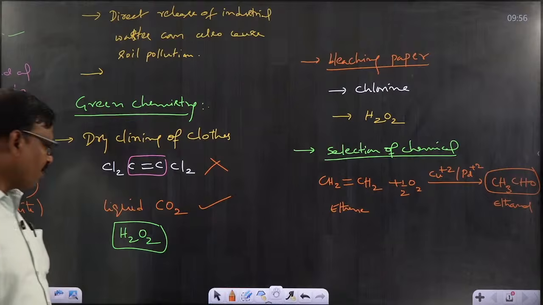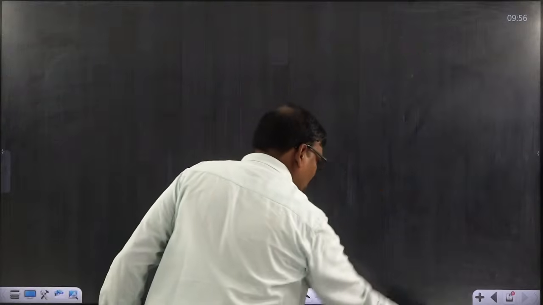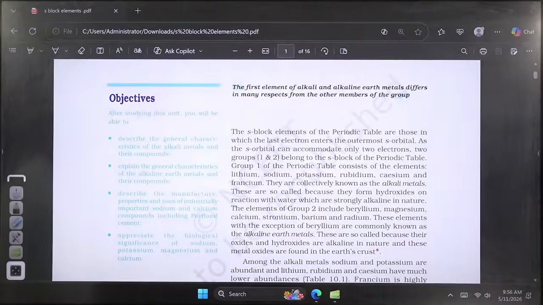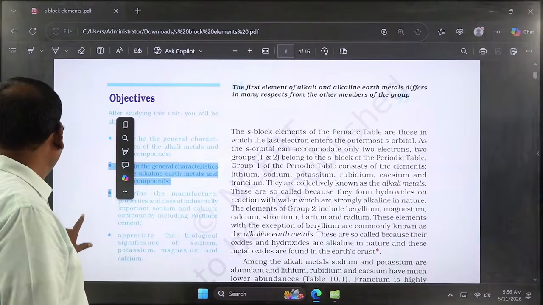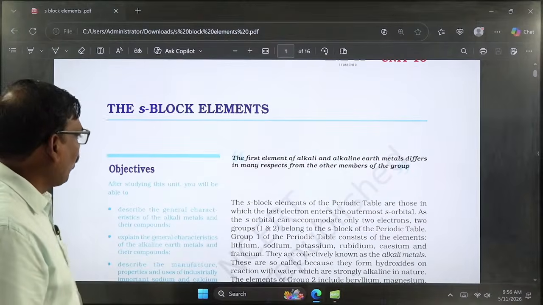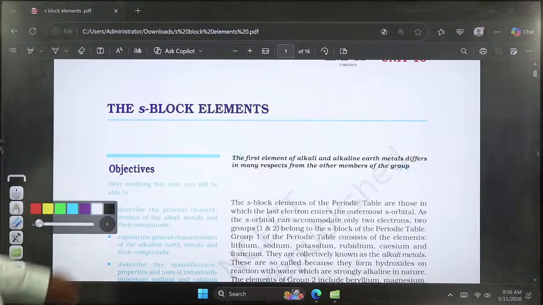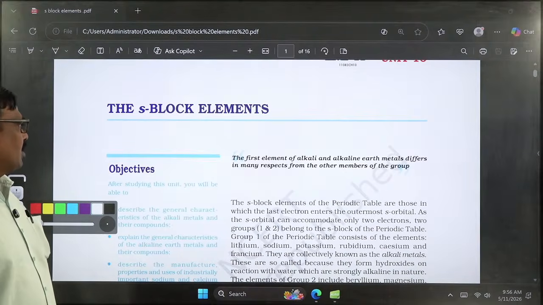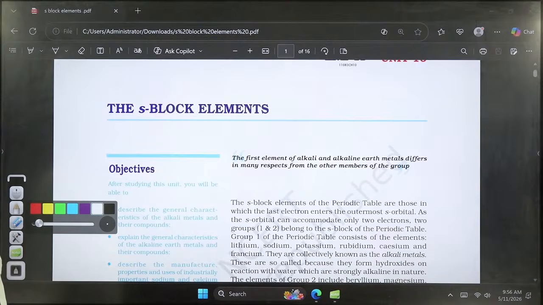Now, we move to another chapter, that is S block elements. Here the weightage of the chapter is also 1 or 2 questions.